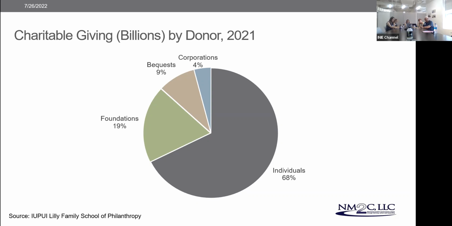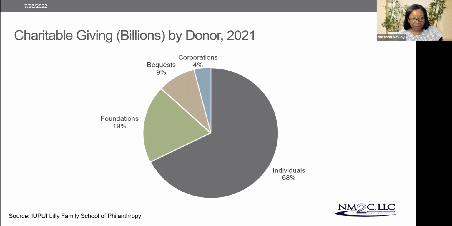So please do not overlook individuals who are willing to give or donate to your organization, because they are who make up the majority of giving in the United States. Followed by foundations. Foundations offered 19% of that $484 billion in money given to nonprofits in 2021. Then followed by bequests, and many of you know about the donations that businesses give.